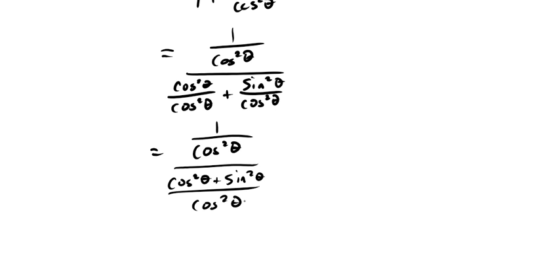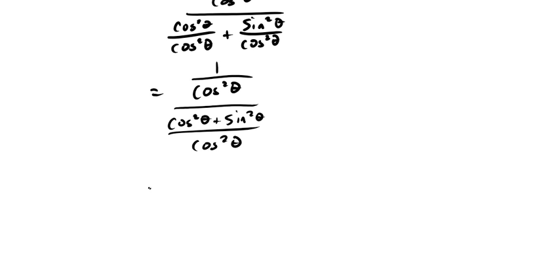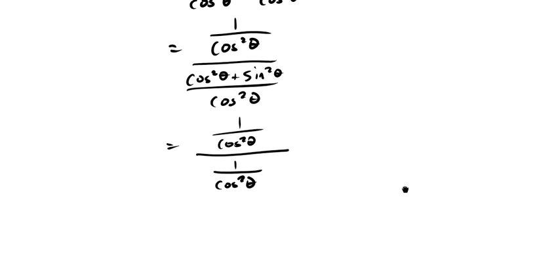Chad? 1. So I get 1 over cos squared theta over 1 over cos squared theta. And what is anything divided by itself? 1. 1 equals 1, equals right side. Done.